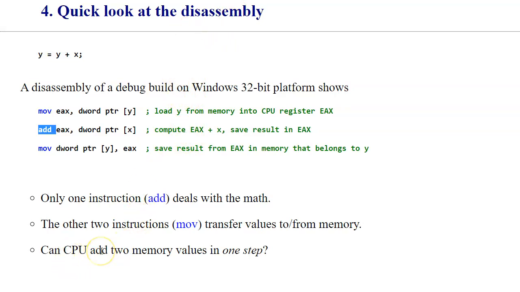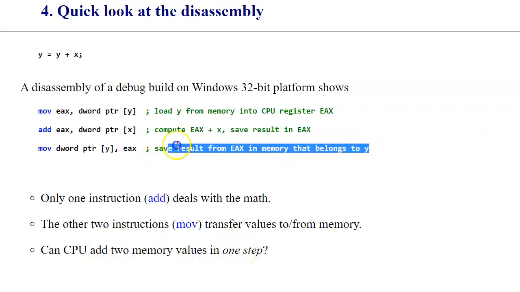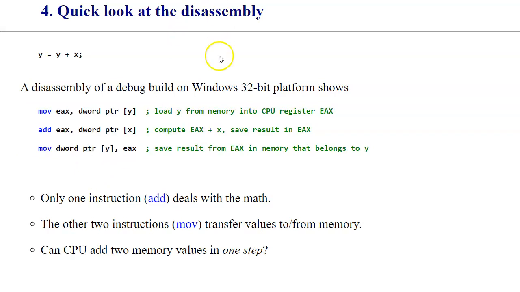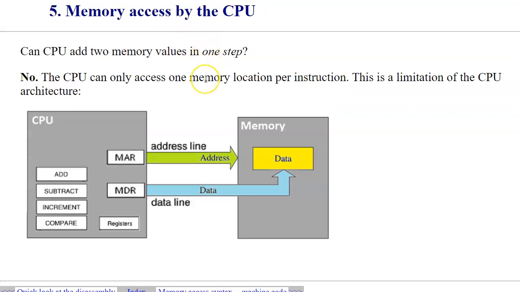Can the CPU add 2 memory values in one step? Instead of using 3 separate instructions, could it do it in one step? The answer is really no, because the CPU can only access one memory location per instruction. This is a limitation of most modern CPU architectures, whether it's a 32-bit or 64-bit platform.